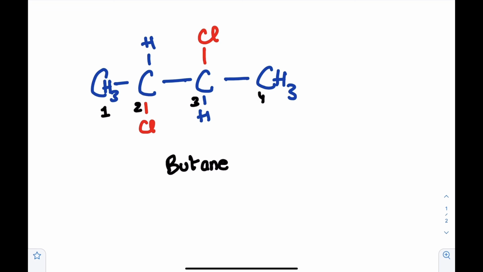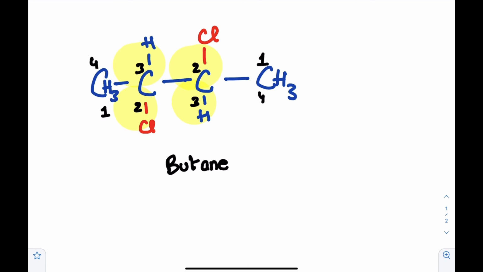So I'm also going to try to number the longest carbon chain from the other side. If I see it from here, 1, 2, 3, 4, hello from the other side. But still, the numbering, if you notice, is the same, isn't it? Do you understand what I'm saying? Either way I number it, I am going to get the same numbers for my chlorines.